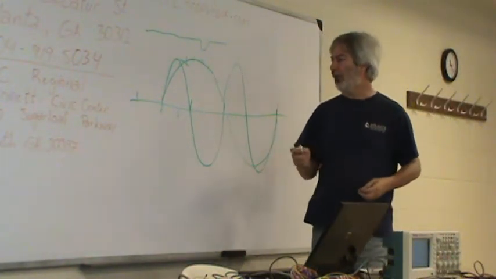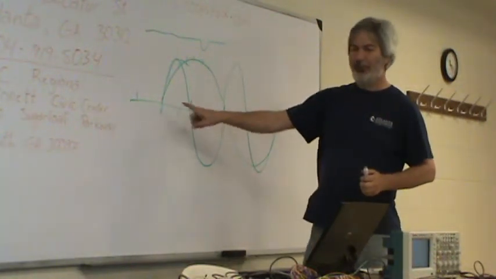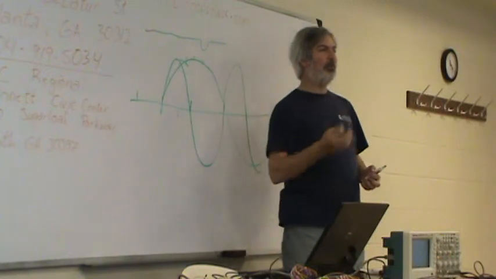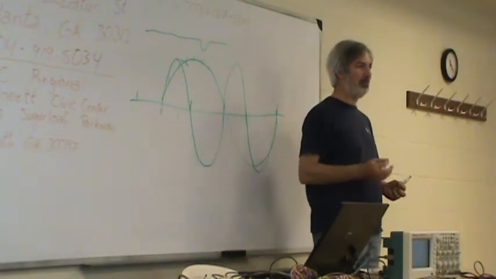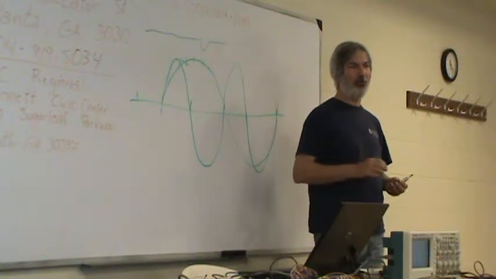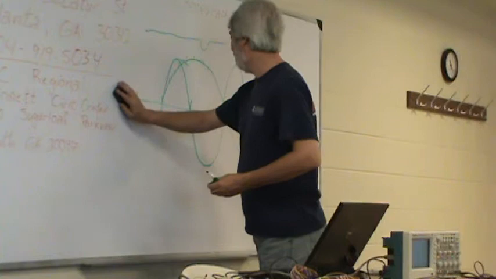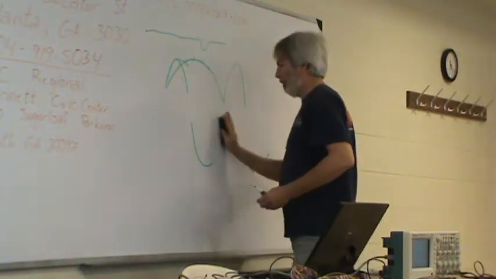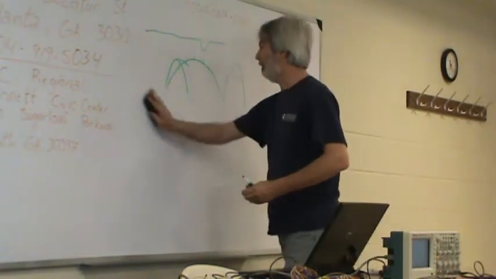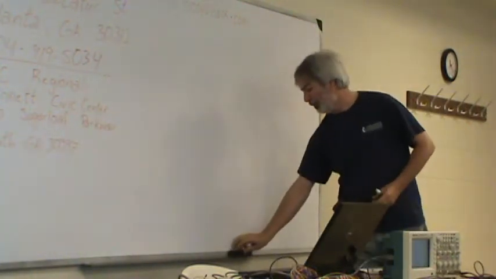So you have to make sure that you understand what the frequency is of the signal that you're trying to read, and make sure that you set your scope so that you end up with a time base that provides a good number of samples during that time.